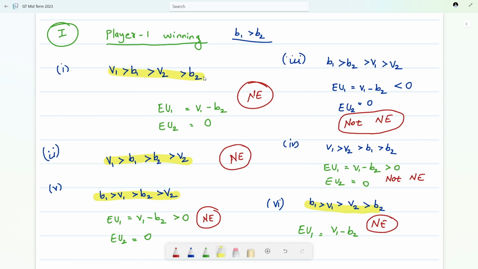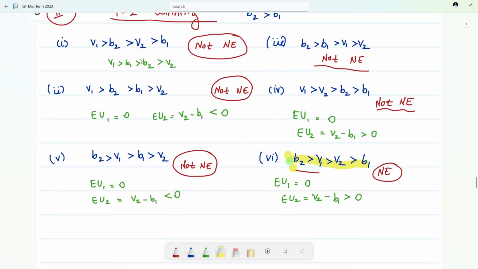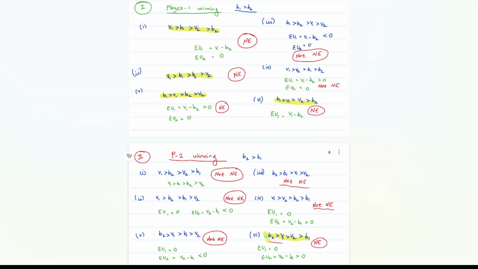That's your answer. So these many conditions you have to write. These all are the ways of Nash equilibrium. Okay. So now I've seen the recording is already long enough. So you can write all these 5 conditions and that's your answer.